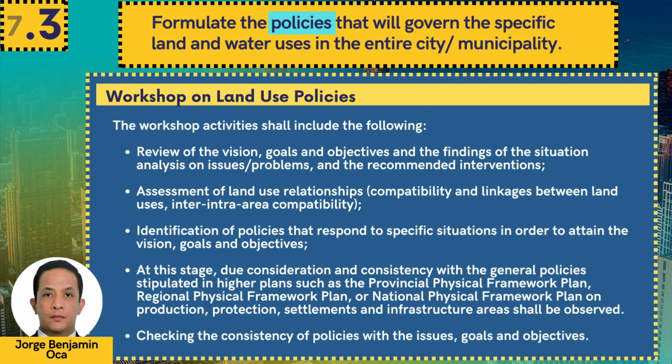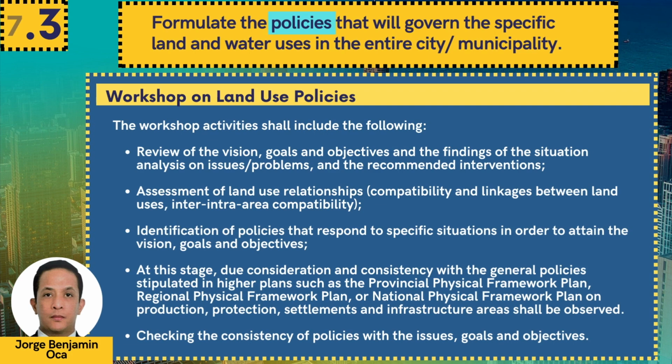Review of the vision, goals and objectives and the findings of the situation analysis on issues, problems, and the recommended interventions. Assessment of land use relationships, compatibility and linkages between land uses, intra-area compatibility. Identification of policies that respond to specific situations in order to attain the vision, goals, and objectives.